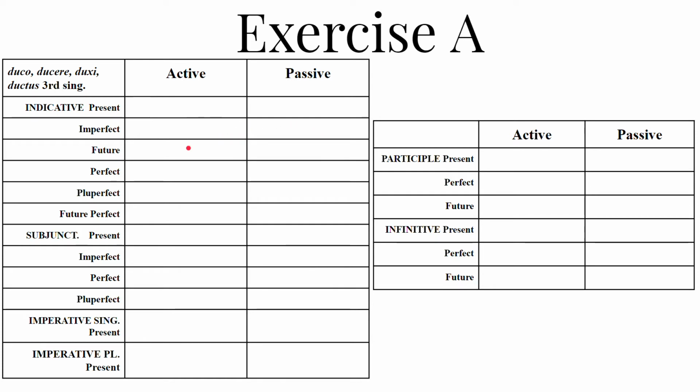The future does not use bo, bis, bit. Third conjugation, third IO, and fourth conjugations do not use bo, bis, bit. They use am, es, et, emus, etis, ent for the active, and ar, eris, etur, emur, emini, entur for the future passive. So future active is going to be duces, D-U-C-E-S. That is different from the present, D-U-C-I-S.